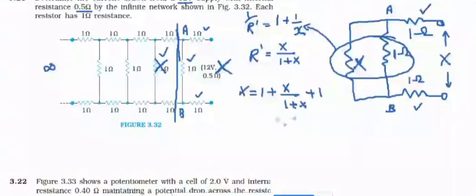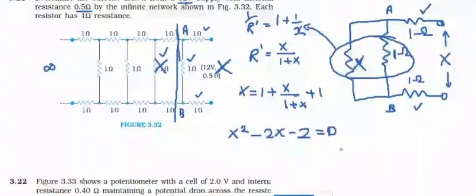Now take LCM there, simplify, construct a quadratic equation. You will get X square minus 2X minus 2 equal to 0.